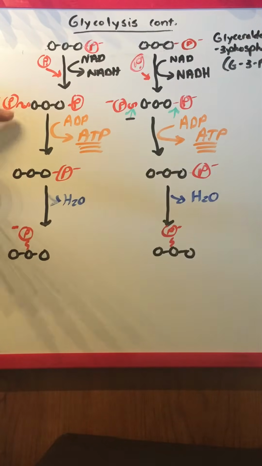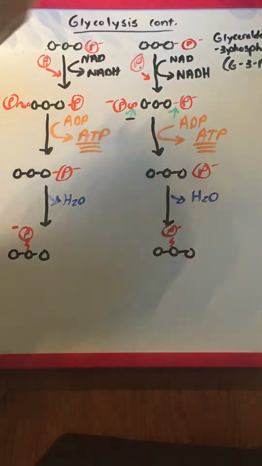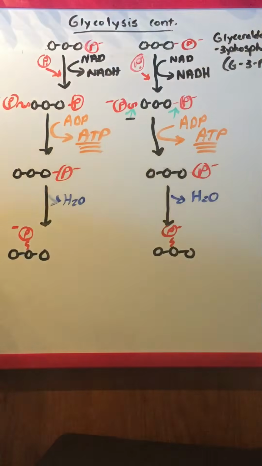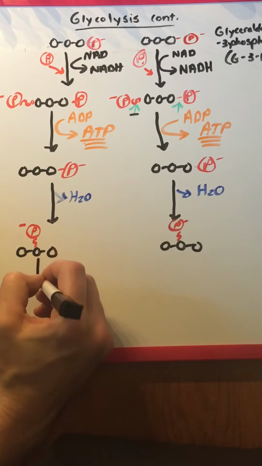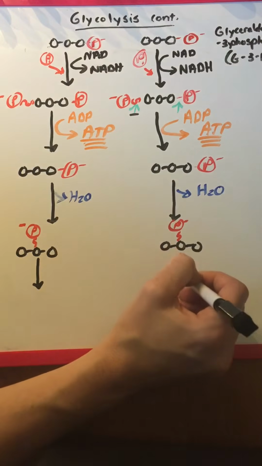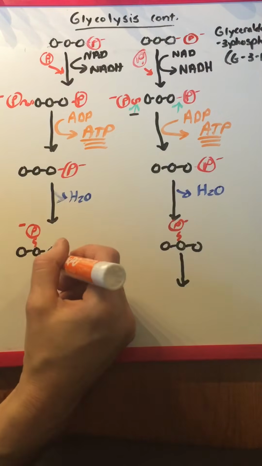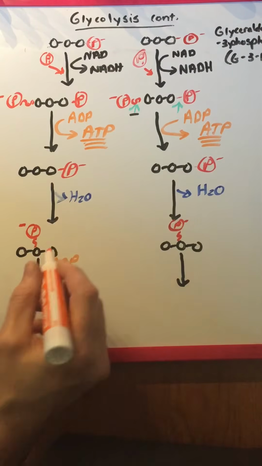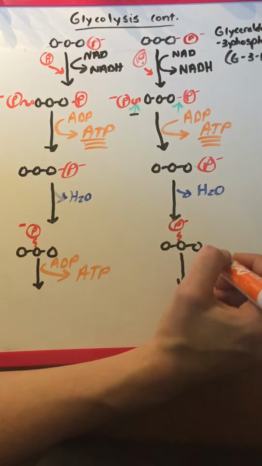And just like up here when we had a high energy phosphate, we were able to make ATP from ADP. We're going to do the same thing down here. We are going to bring in a molecule of ADP to each one of these, and we're going to produce a molecule of ATP.